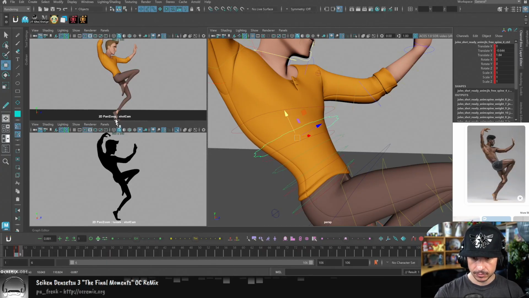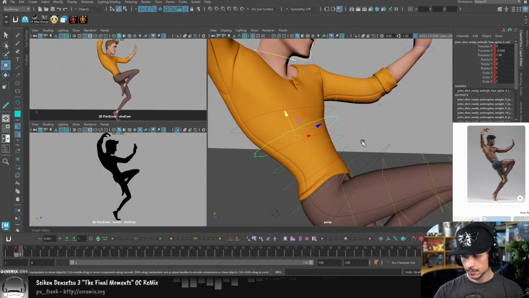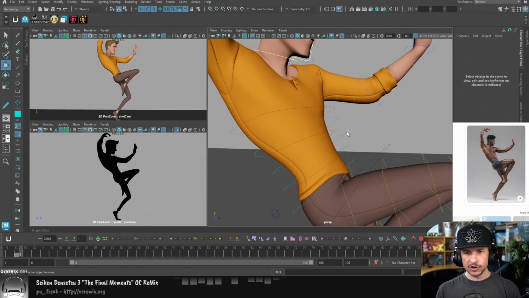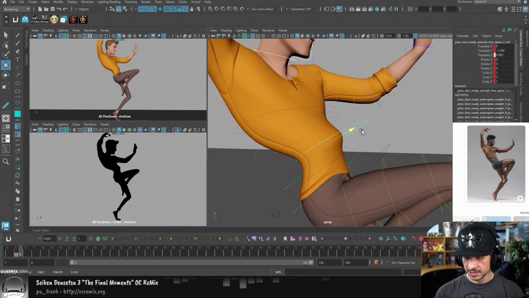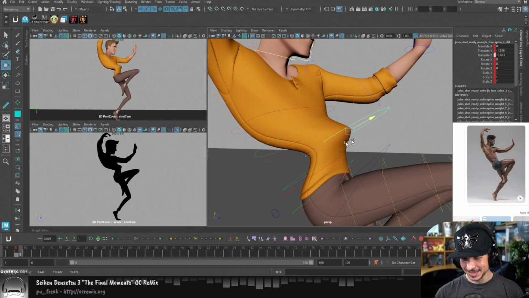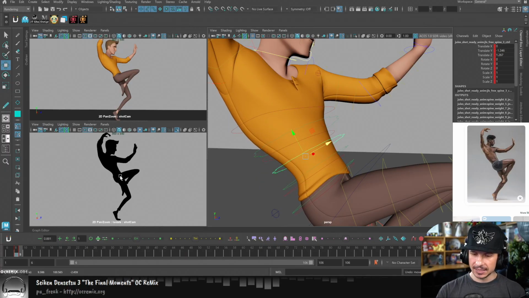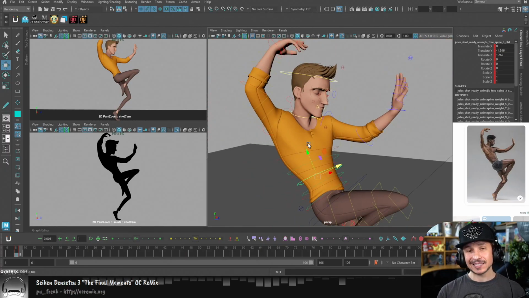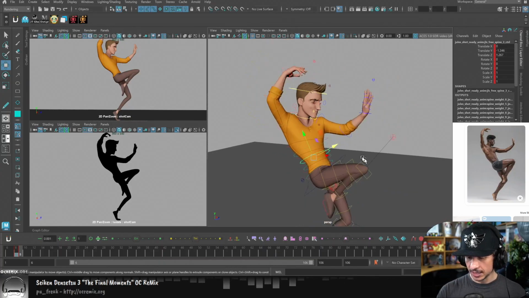So now we can start to feel that nice complex line there. Now you want to be careful. You don't want to move these too much, typically, because you can start to get some really weird results. But it's just a little thing that's going to add a lot to your shot.